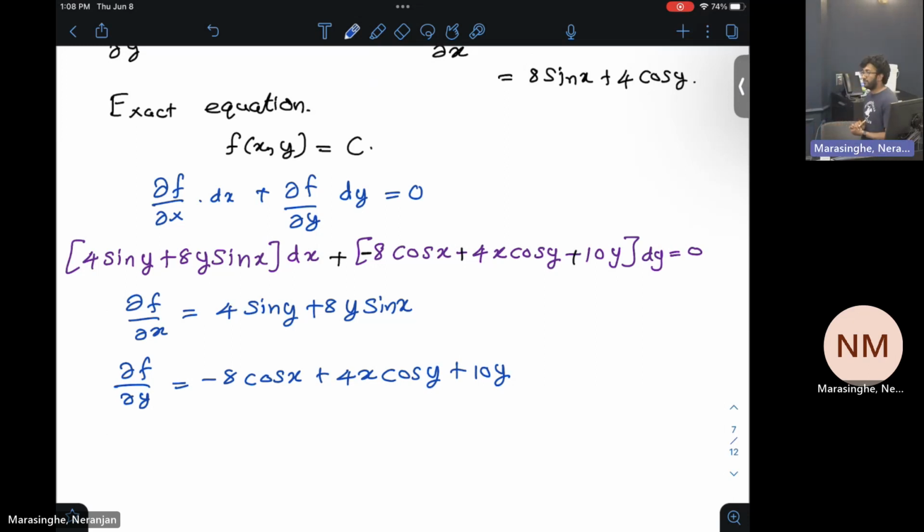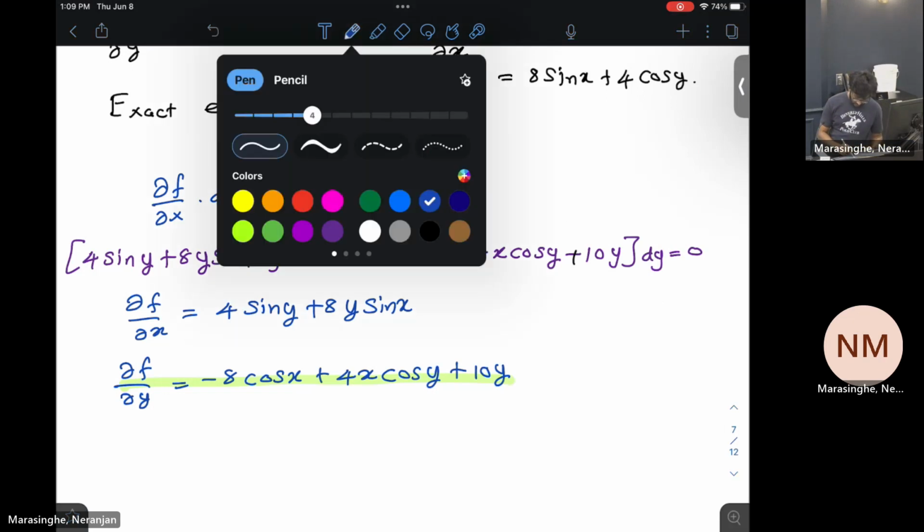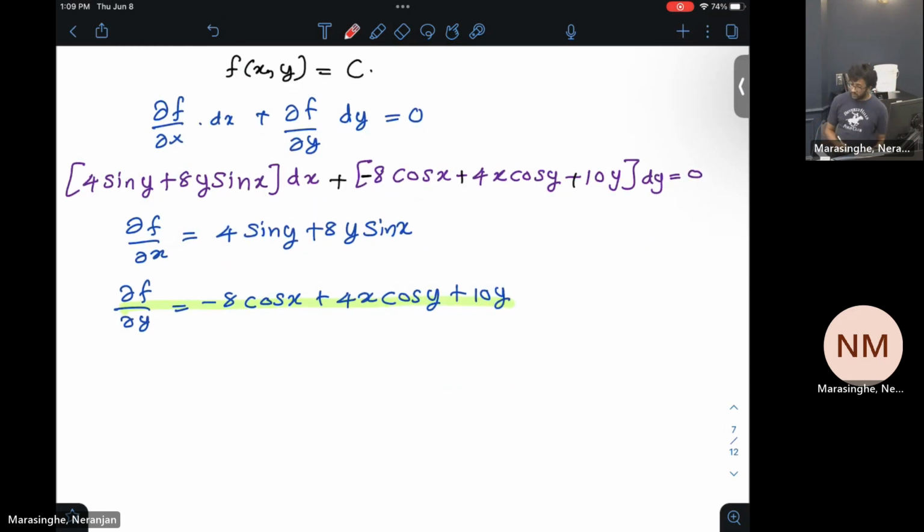Any questions so far? Then we have to choose one of the partial derivatives and we have to integrate, right? In this case, I would choose the second one, right? Choose this one. Okay. I know that ∂f/∂y is negative 8 cosine x plus 4x cosine y plus 10y. So what can you say about f(x,y)?